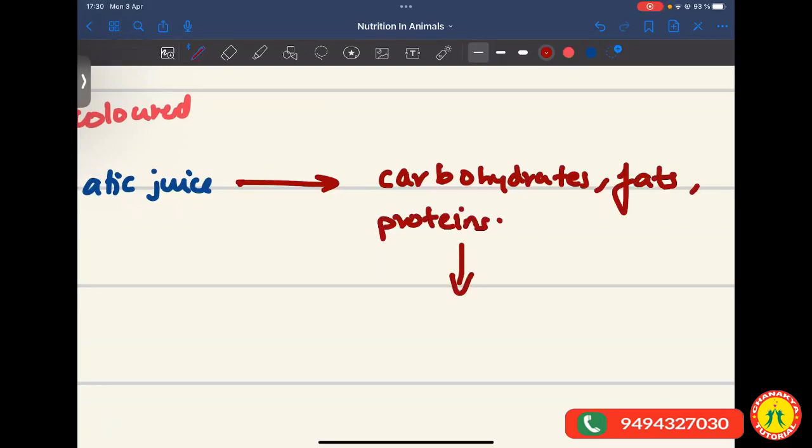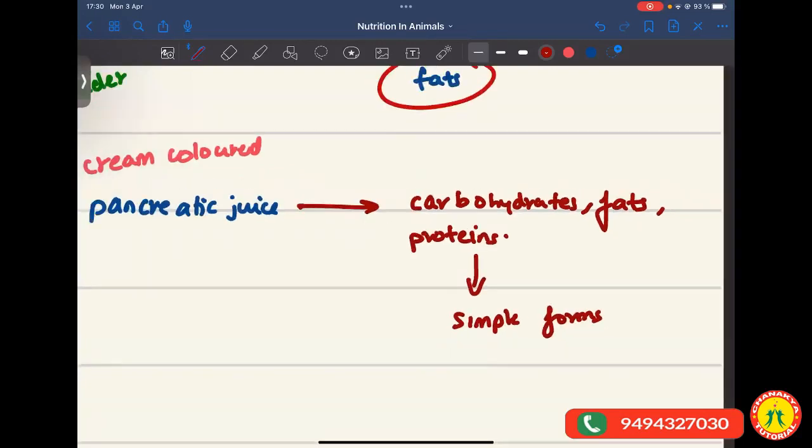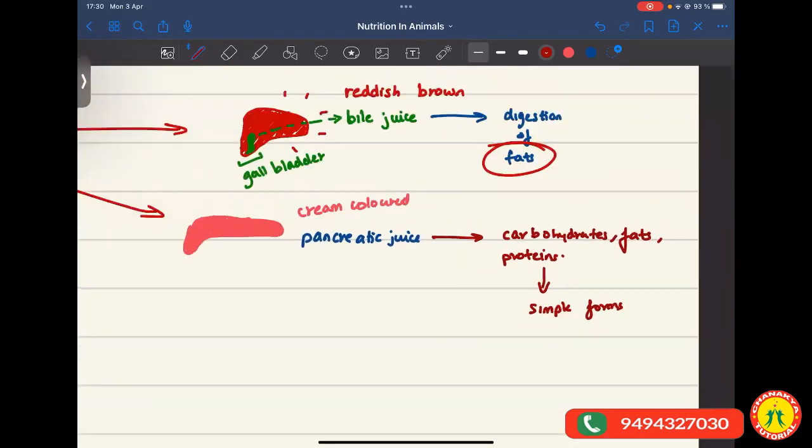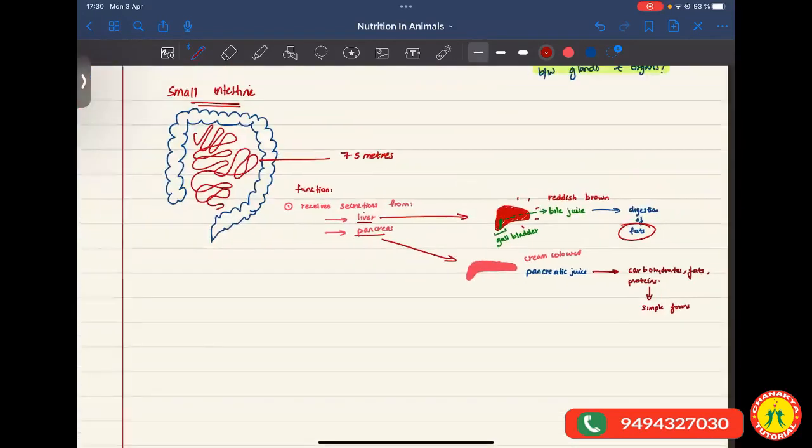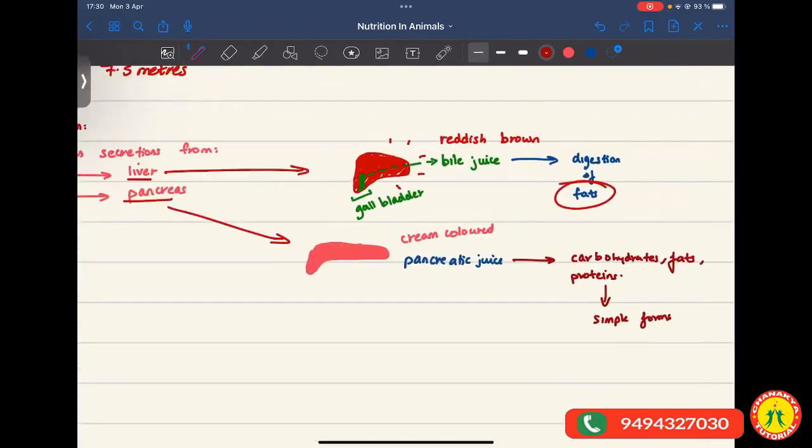It just changes all of them into simple forms. So mostly all the digestion, the protein is digested in the stomach, the fats by the liver, and the carbohydrates, proteins and fats, the extra of them, are digested by the pancreas.